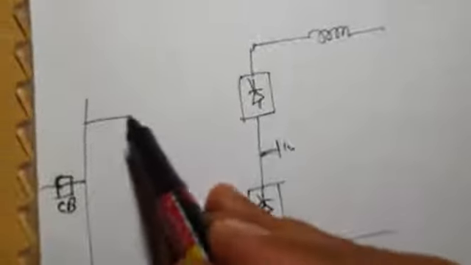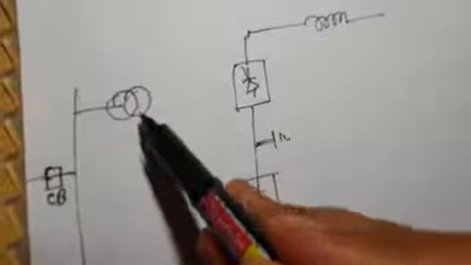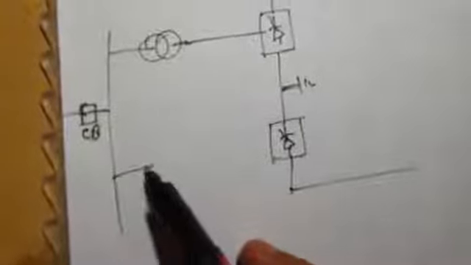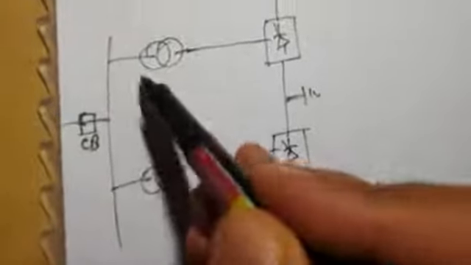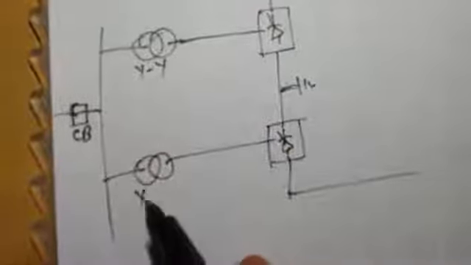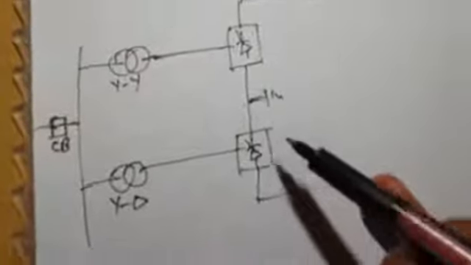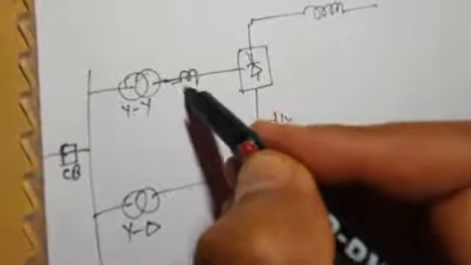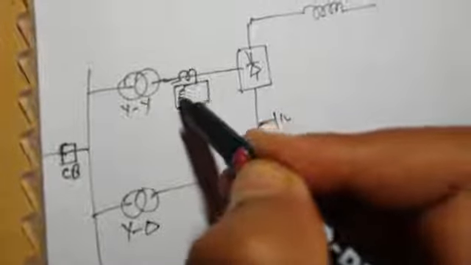After the AC side, we will see the DC side. This is the converter transformer. This is another converter. If this is Y-Y connected converter transformer, this is Y-delta connected, so that this gives 12 pulse operation, right?